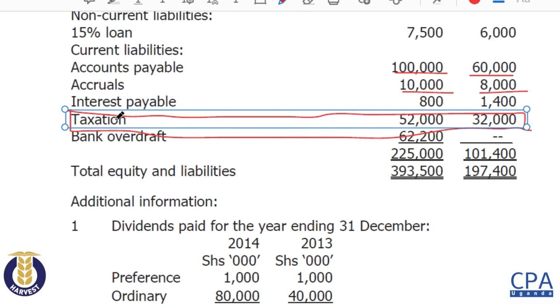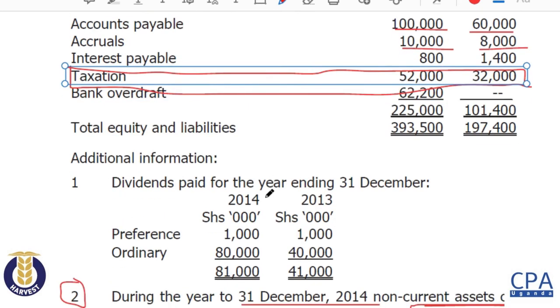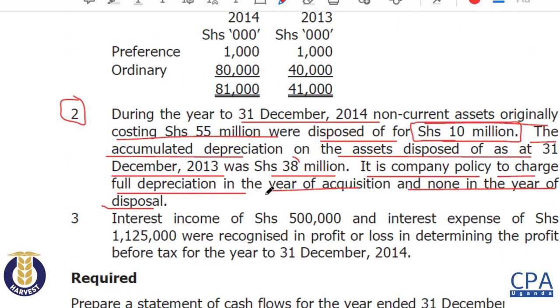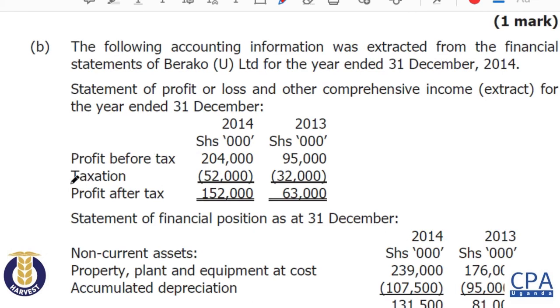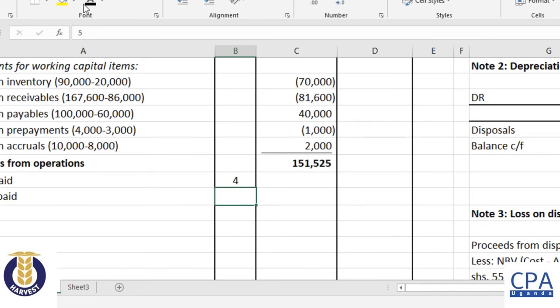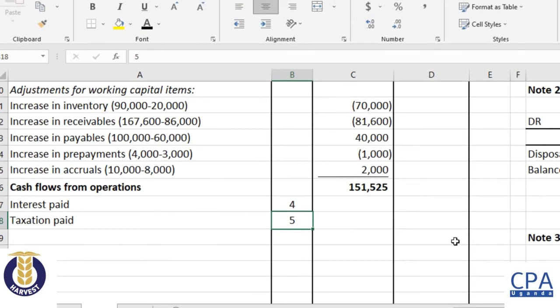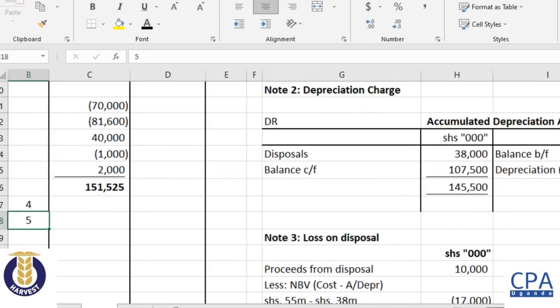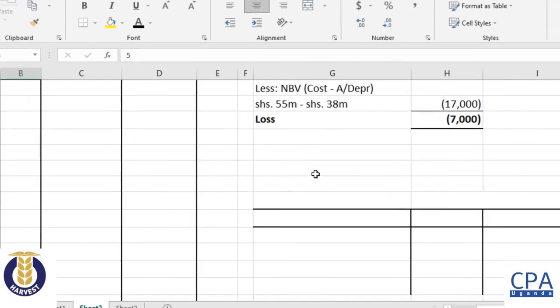So the implication of this is that the taxation given to us for 2014 of 52 million is not the actual cash that moved out towards clearance of the tax charge. Now, as I've mentioned, I need to show the examiner in note number 5 how I have arrived at the taxation paid. So those two notes follow here.